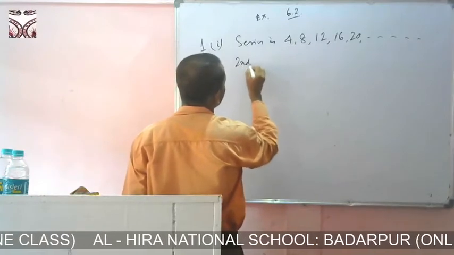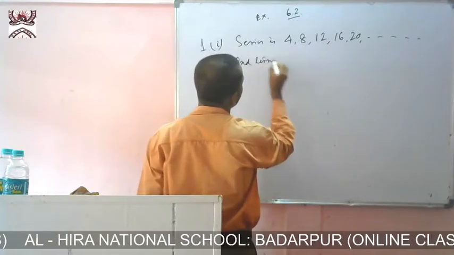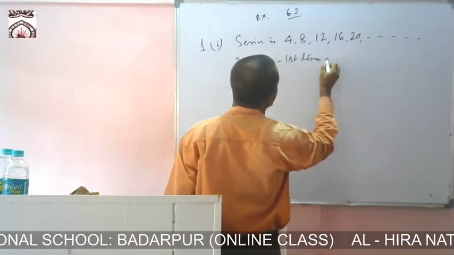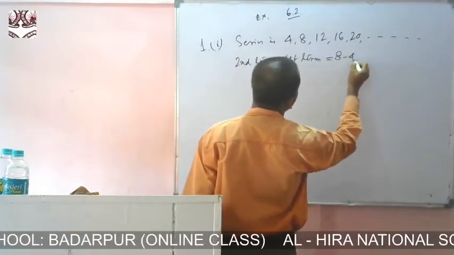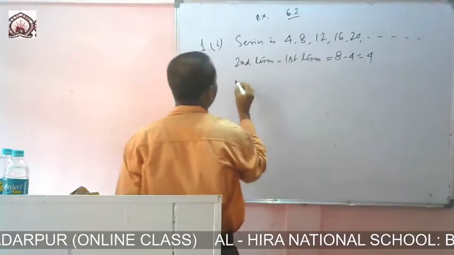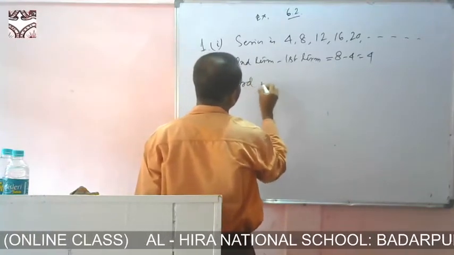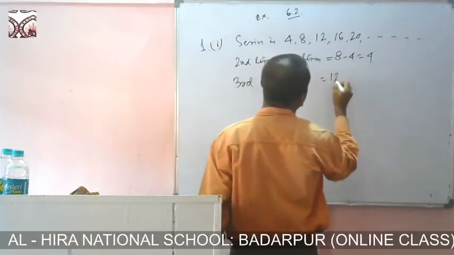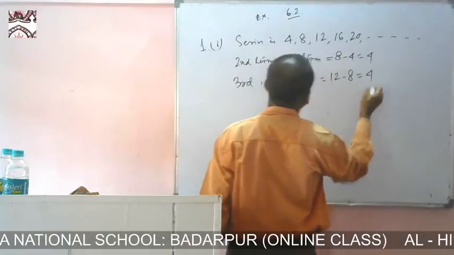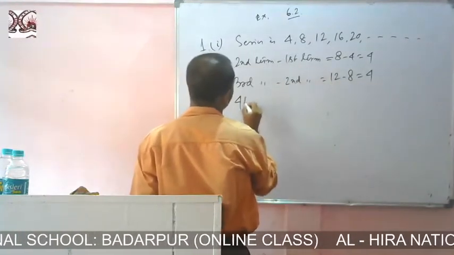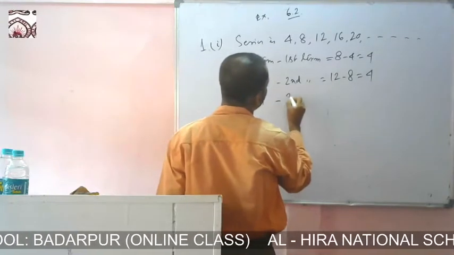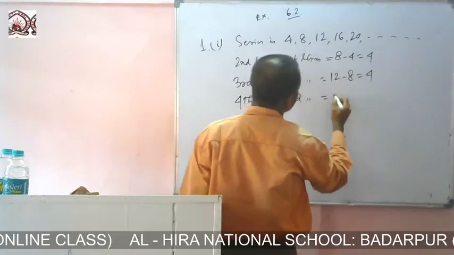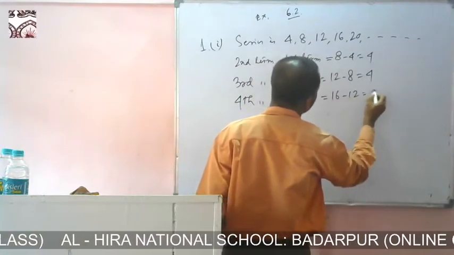Second term minus first term is 8 minus 4, which is 4. Third term minus second term is 12 minus 8, which is 4. Fourth term minus third term is 16 minus 12, which is 4.